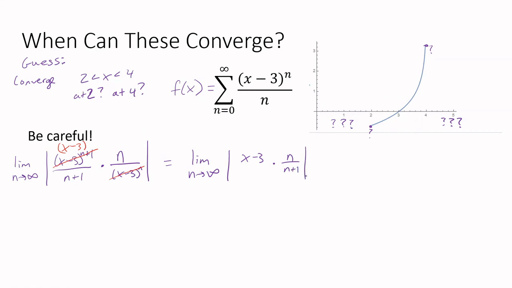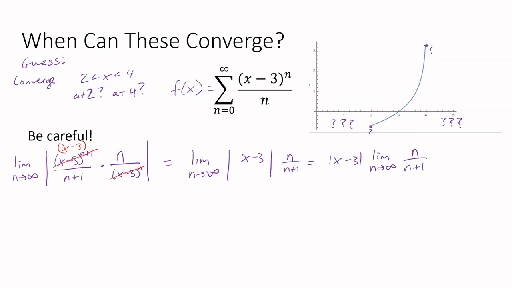But remember, the n's are positive, so I actually don't need them inside the absolute values. All I need inside the absolute value is the x minus 3. I can take that out because there's no n in there. So now I'm just left with the limit of n over n plus 1.